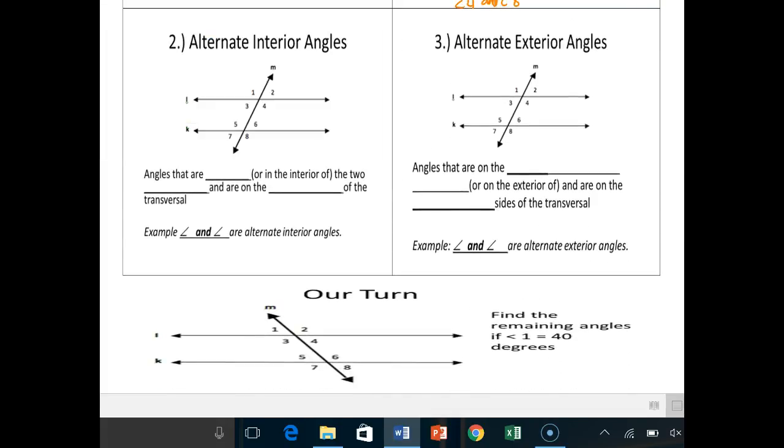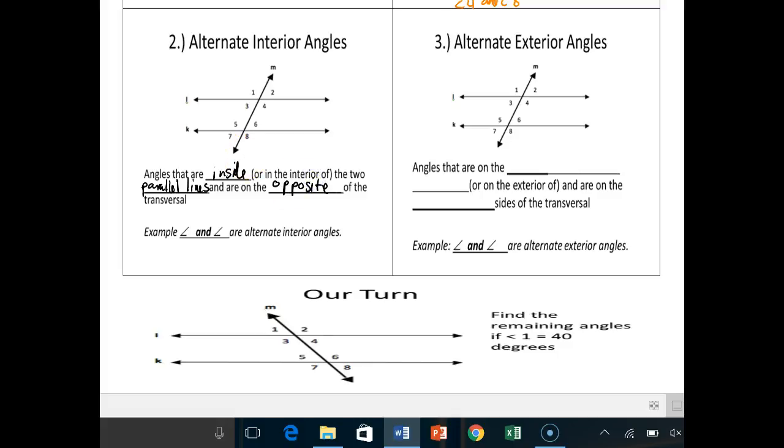Alternate interior angles. Alternate interior angles are inside or on the interior of the two parallel lines. Parallel lines mean they never touch, and are on the opposite side of the transversal.